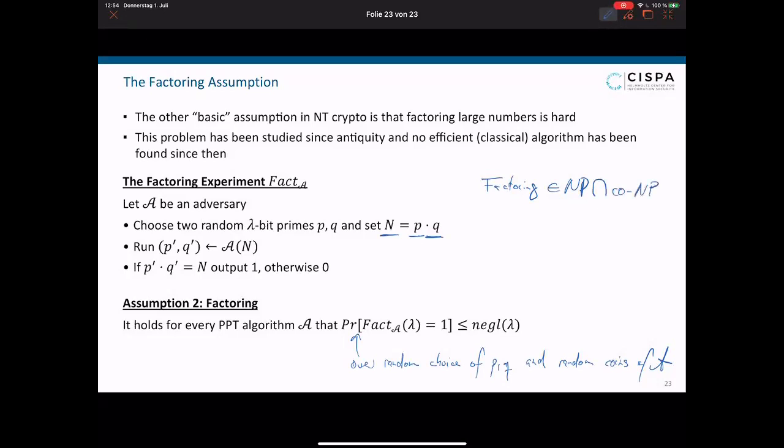And this is, for complexity theorists, a red flag. If a problem is in NP intersect co-NP, no complexity theorist believes that such a problem can be NP-complete, because that would have dramatic consequences, like the collapse of the polynomial hierarchy. But this is also stuff that's out of scope for this lecture.